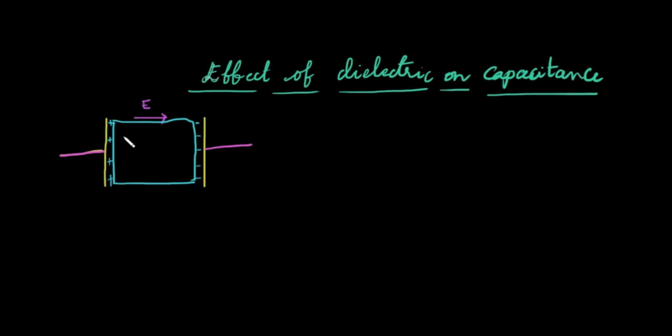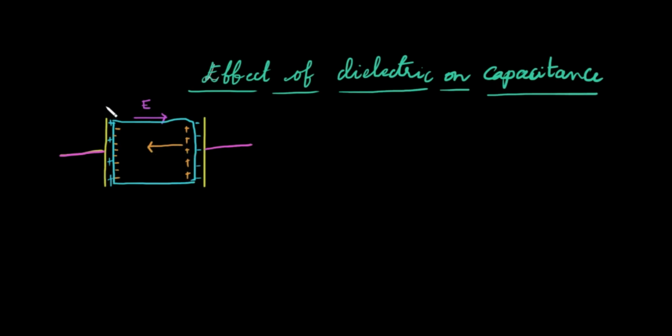So what happens here is this positive will attract the negative here, and this negative will attract the positive here. So an electric field got developed here, and this electric field is in this direction.